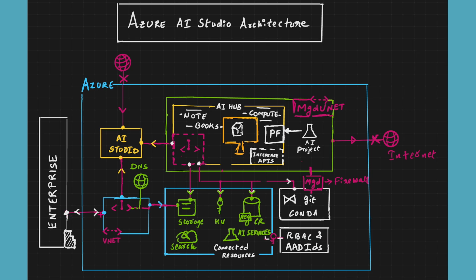So once that connectivity is established, whether you are in the cloud or whether you are in your enterprise, you actually will have access to an Azure subscription and in turn a resource group, wherein you have a bunch of AI tools that are needed for you for the development of your application.